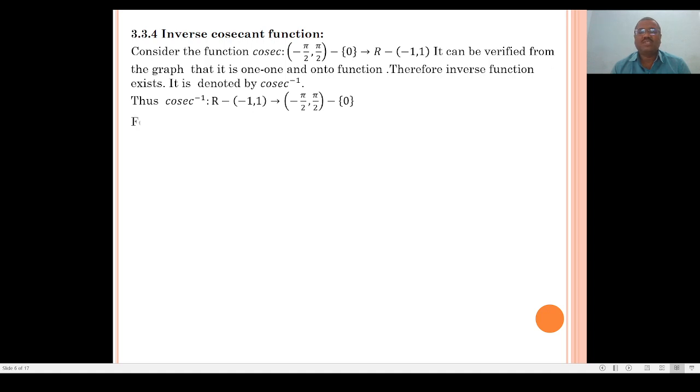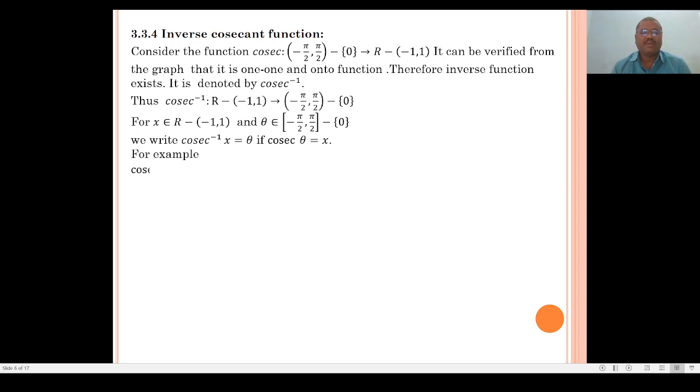to the interval minus pi by 2 to pi by 2 minus 0. For x belongs to R minus the open interval minus 1 to 1 and theta belongs to the closed interval minus pi by 2 to pi by 2 minus 0, we write cosec inverse x equals theta if cosec theta equals x.